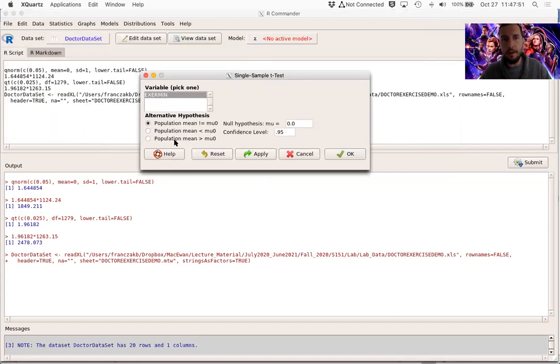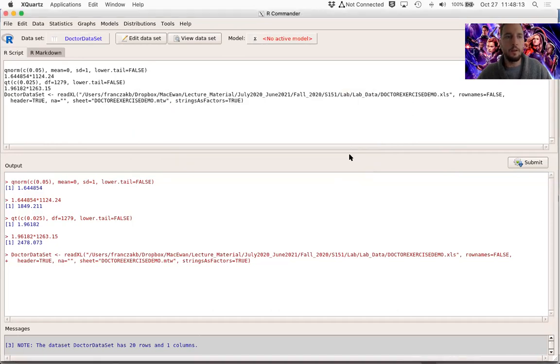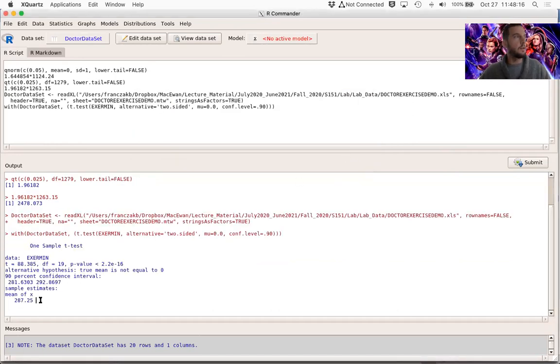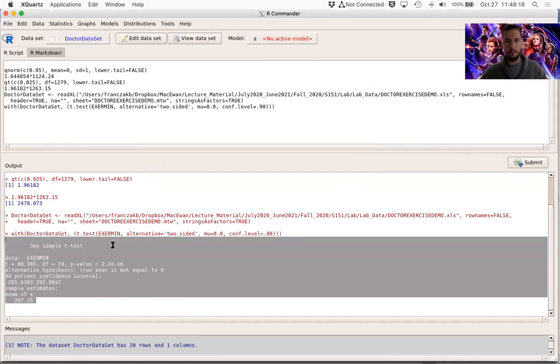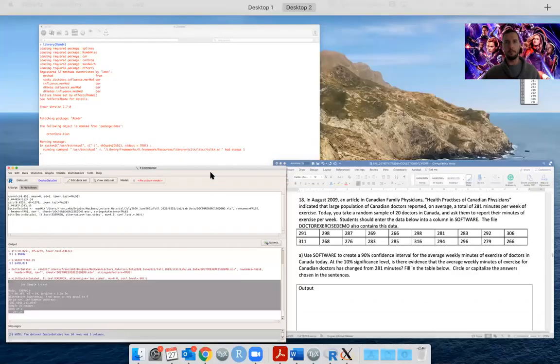Now you'll see here we have some questions about the population mean. For now, just leave it as two-sided. We'll get to that in the next unit. And then we're asked for the confidence level. We are building a 90% interval, so we're just going to change this to 0.90. So again, statistics, means, single sample t, 0.90. And then we click OK. All right, so here's our output for the question.